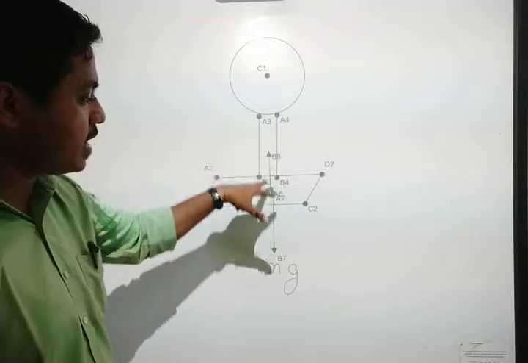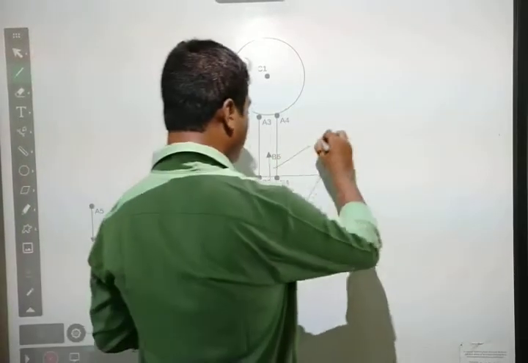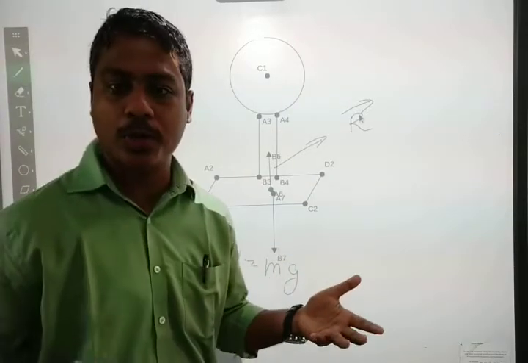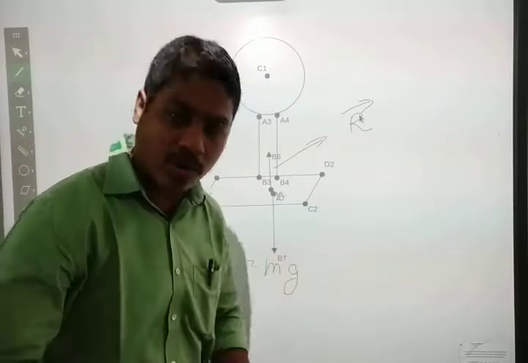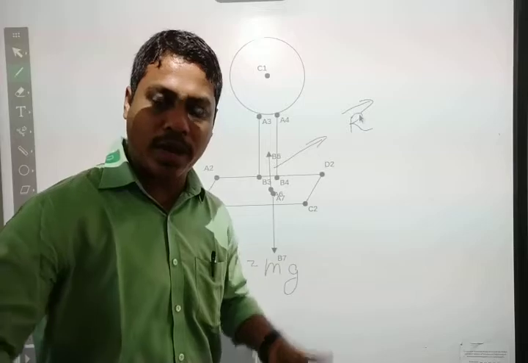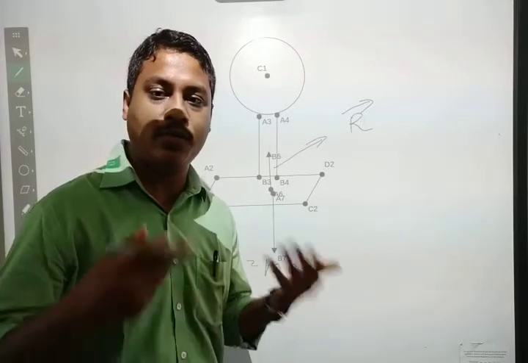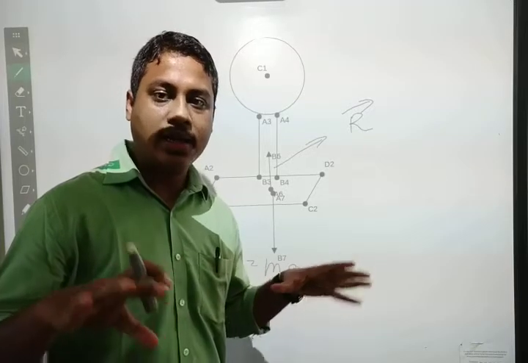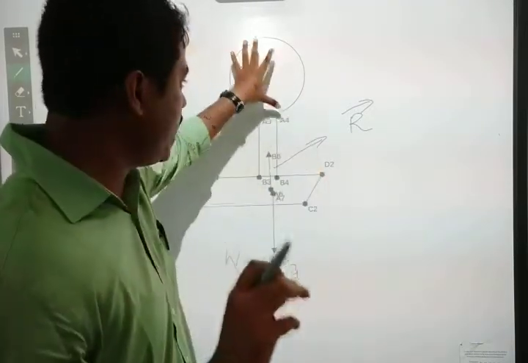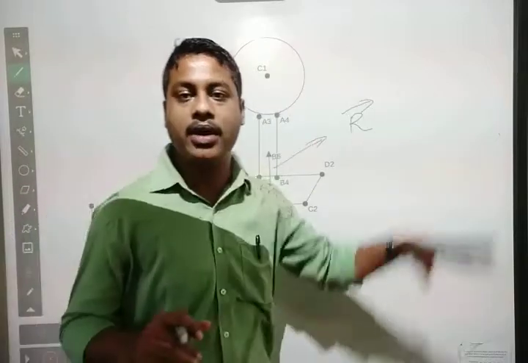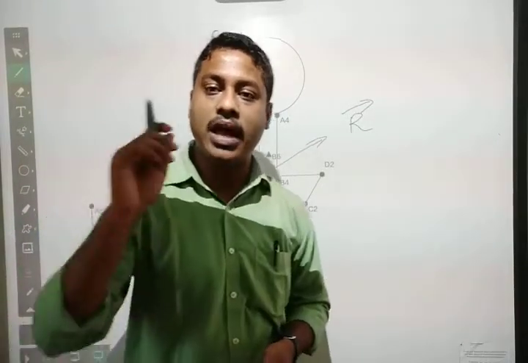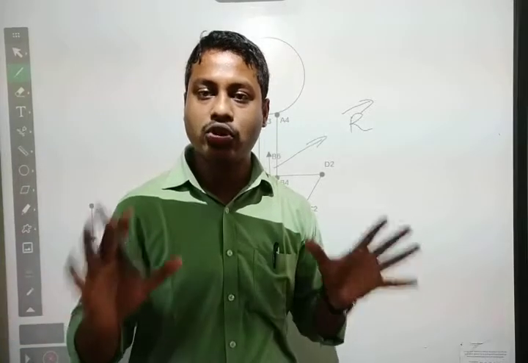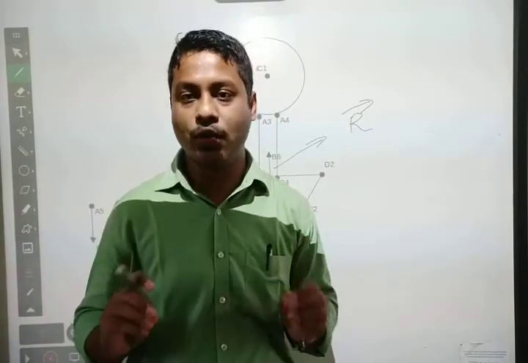Similarly, if you consider the one above, this will be the reaction force. Every action has equal and opposite reaction. So when you stand over the weighing machine, the weighing machine also gives a force to your body. That will be your reaction force. The value that you get on your weighing machine is only because of the reaction force.